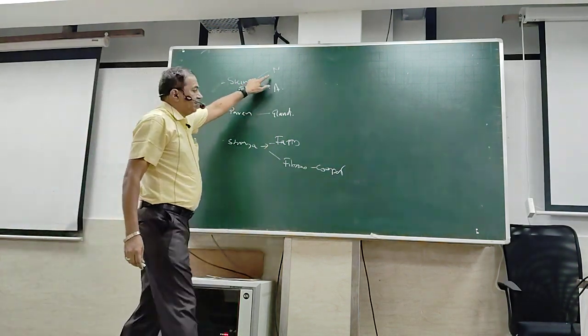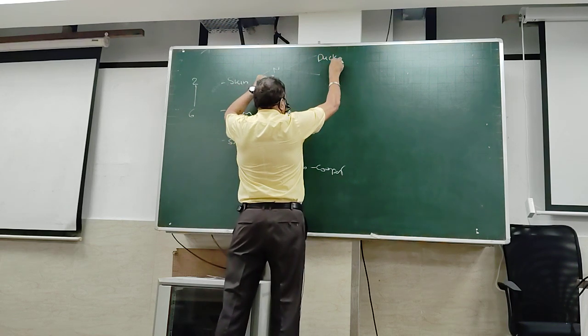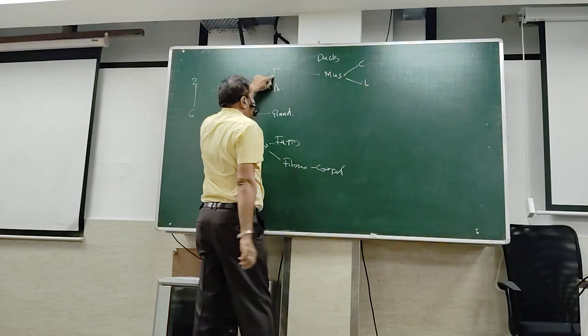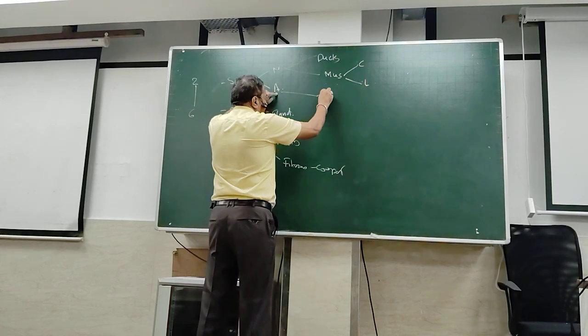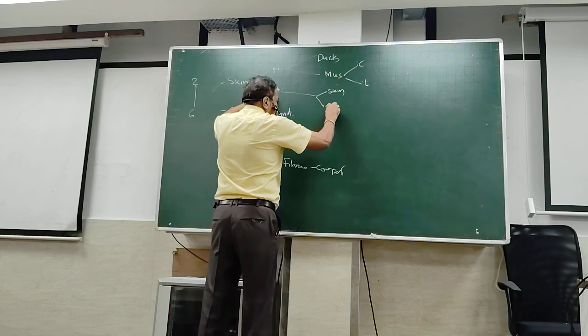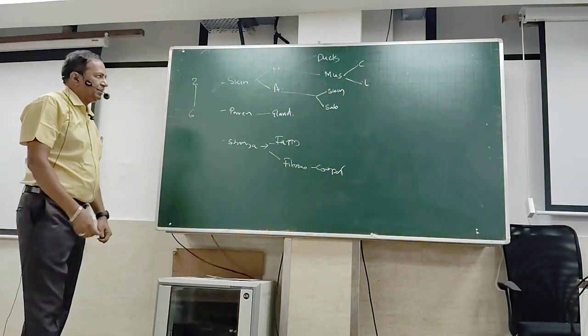In the nipple, there were two things. One was the opening of these ducts and second was muscle. Muscle was of two types, circular muscle and longitudinal muscle. The areola had darkened skin and sebaceous glands.